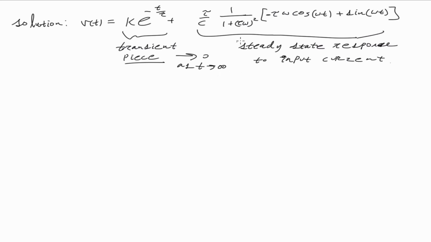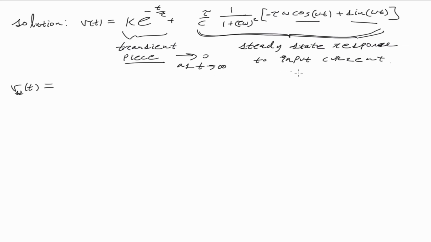Okay, so really what I'm interested in is actually this piece right there. I want to know more about it. All right, so let's look at this. I'm going to call it V_SS of t, just this piece right here. And what you can really see is there's a cosine term and a sine term, right? I'm going to rewrite it a little bit.